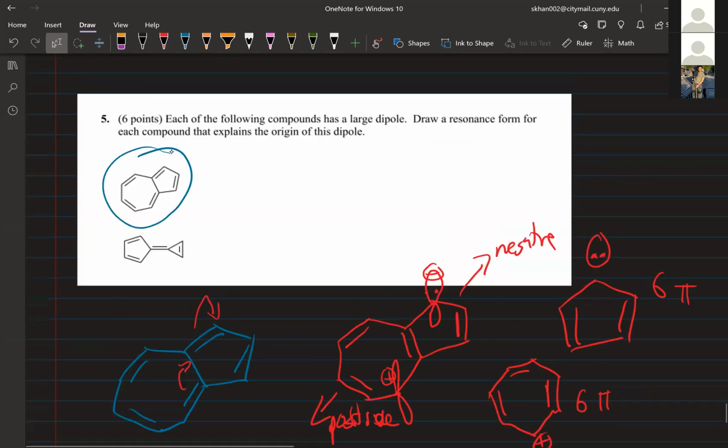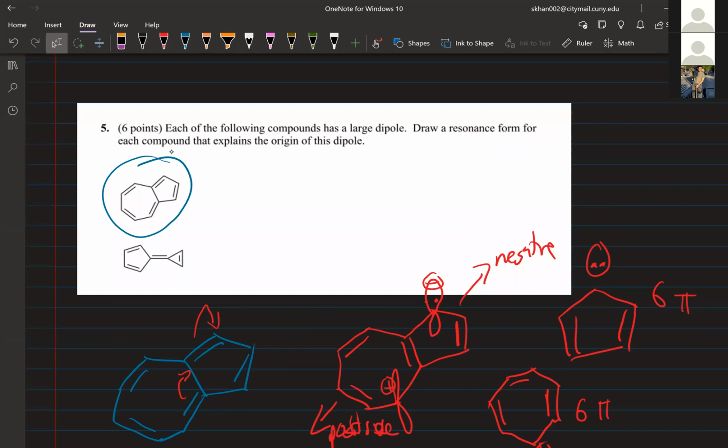But the question asked why it has a dipole, right? And the resonance forms show you that, because when it has its resonance form here, you can see that each ring is aromatic.